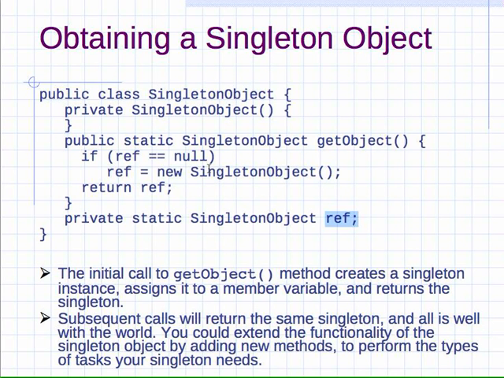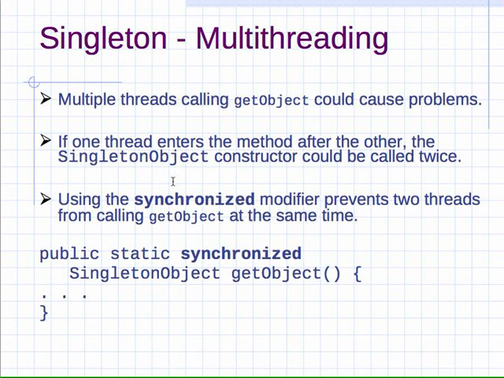Let's say then another thread executes the exact same if statement right then, ref is equal to null. It also goes into the next statement. So we have two threads possibly executing this and creating two instances of the Singleton object. That is possible technically. It's unlikely, but it's possible.